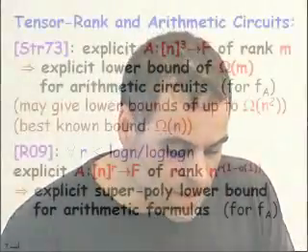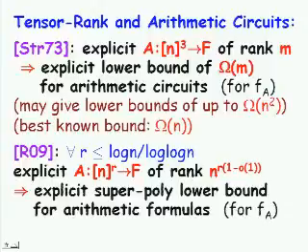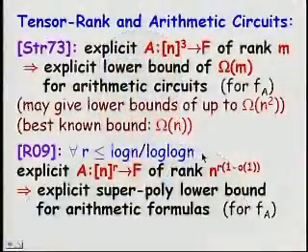And what I tried to do is to consider tensors of larger dimension. What I consider are tensors of dimension r, which is super constant. Think of r as any super constant, any number larger than any constant, and smaller than log n over log log n.